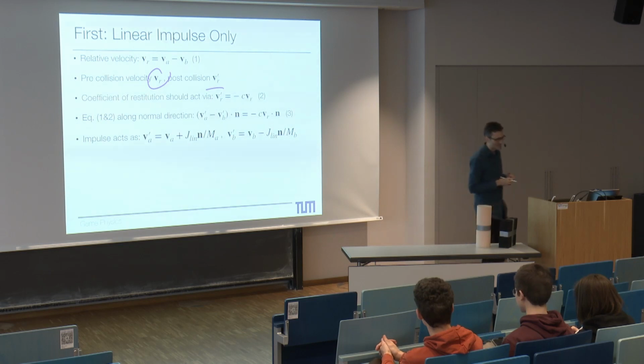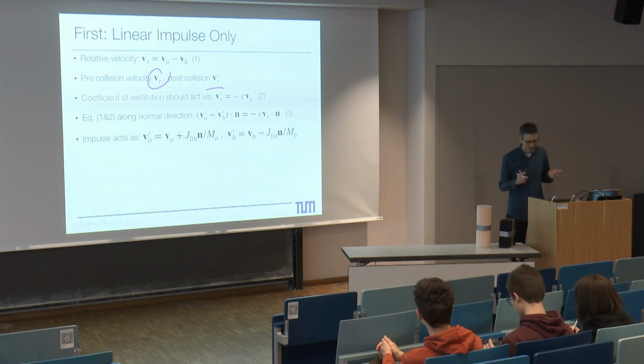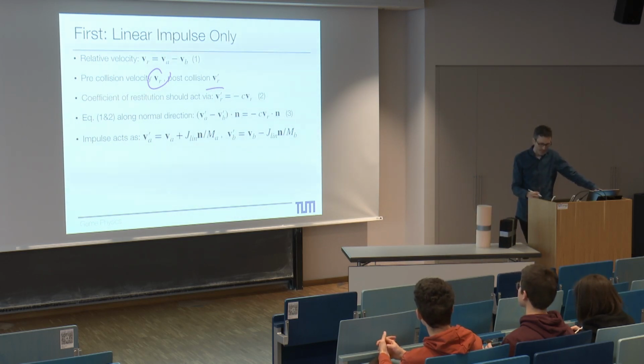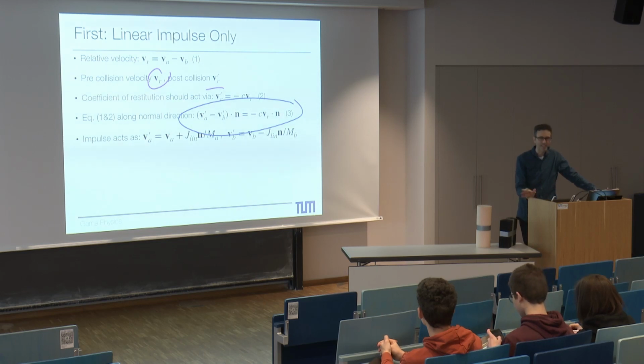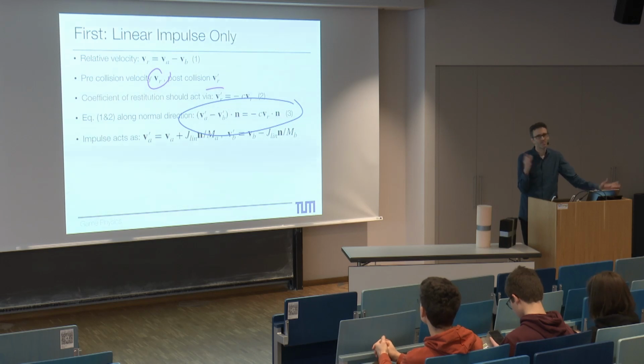In a way, that's it, but it's not so obvious. So let me write it out. But please keep in mind, this is already the crucial step. So I hope this one here, equation 3, is clear. Makes sense? Relative velocity at a minus b, and we just multiply it by c, and then look at it along the normal direction. So in a way, I would argue it's pretty simple.